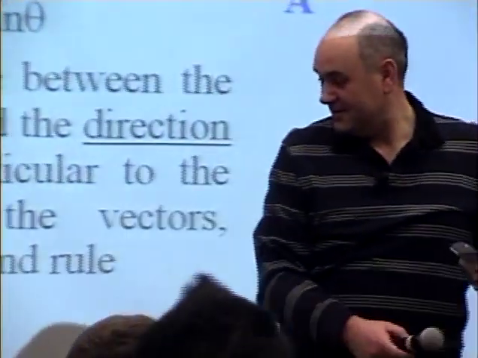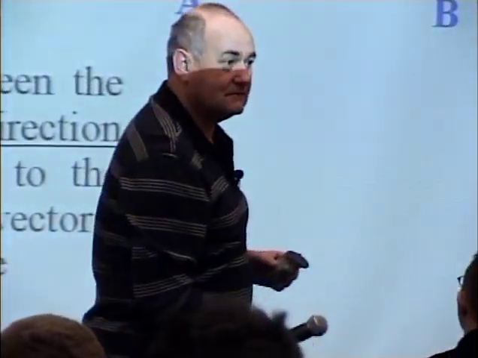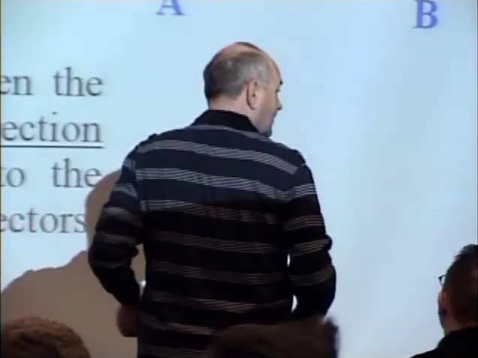Well, why am I not happy that the result is vector k? We have already determined that the direction is in the direction of vector k. You don't have the magnitude. We need the magnitude. Right. Think about the magnitude.